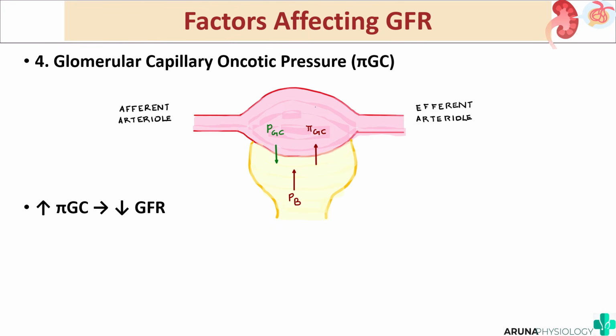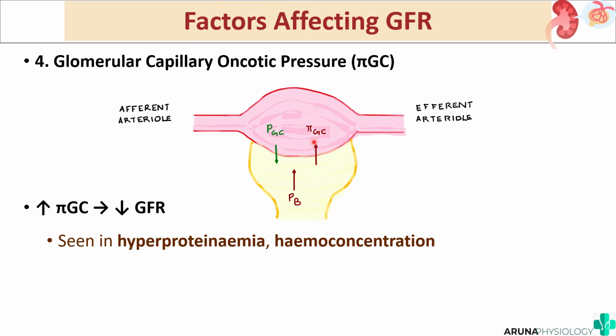So if there are conditions like hyperproteinemia, wherein the amount of albumin is more in the blood, or in case there is hemoconcentration, in that case also the concentration of proteins like albumin would be more, in which case the glomerular capillary oncotic pressure would be high. So that is why it is seen in conditions like hyperproteinemia and hemoconcentration.